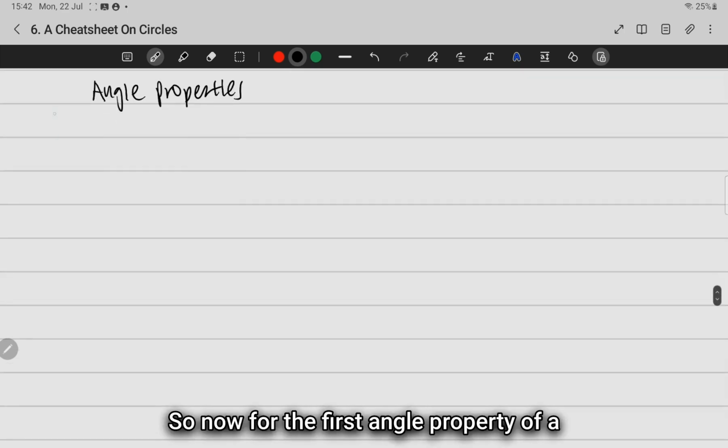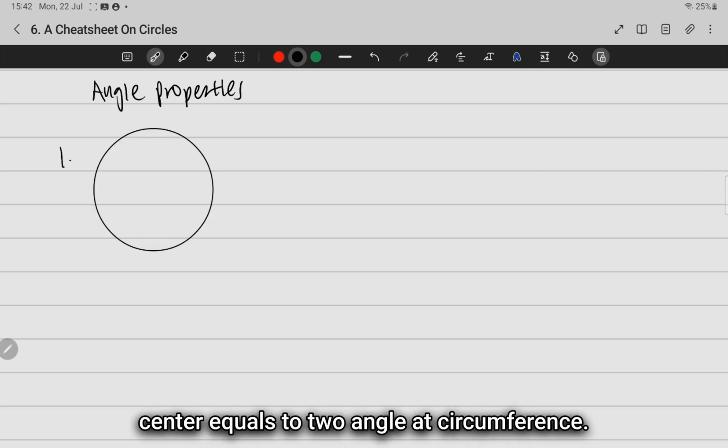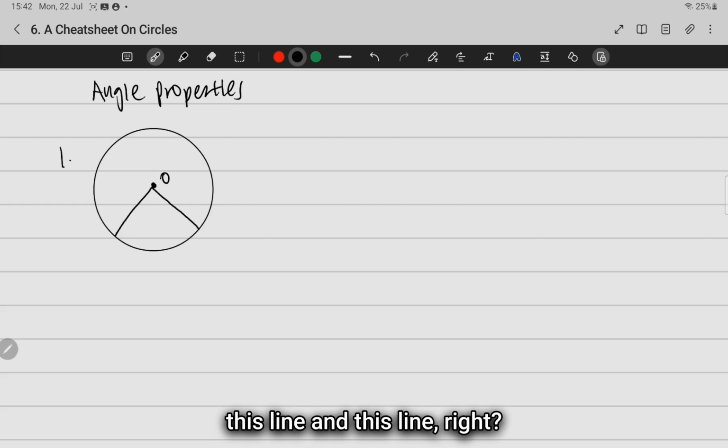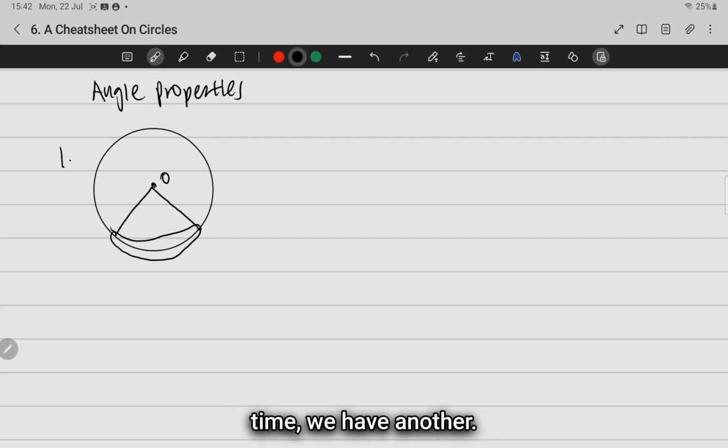So now for the first angle property of a circle, we have what we call angle at the center equals 2 times angle at circumference. So consider this center over here. This center is formed by this line and this line, right? It's subtended by this arc over here. And likewise, at the same time, we have another angle formed by the same arc.